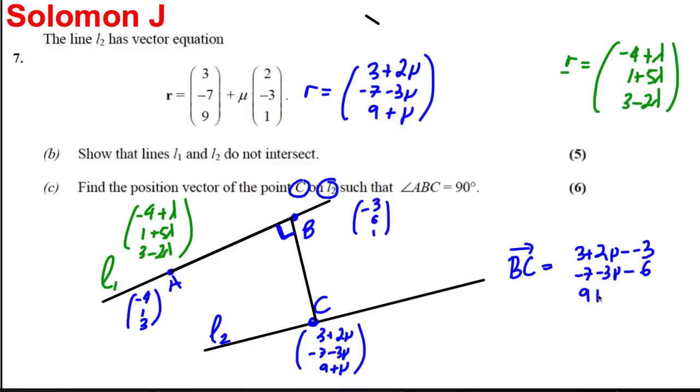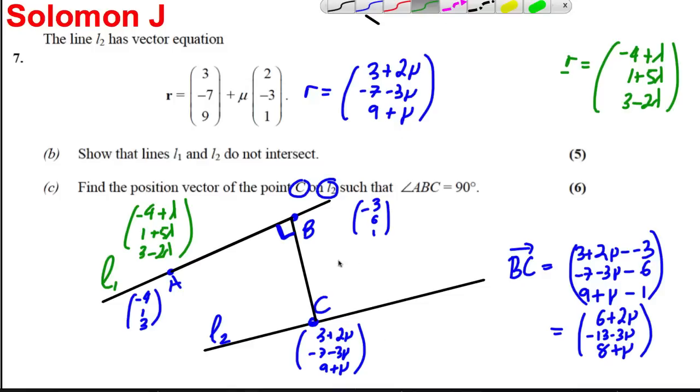And it would be 9 plus mu, subtract 1, which we can tidy up as 6 plus 2 mu, negative 13 subtract 3 mu, and 8 plus mu. So that vector there I have now found. That vector there is BC.